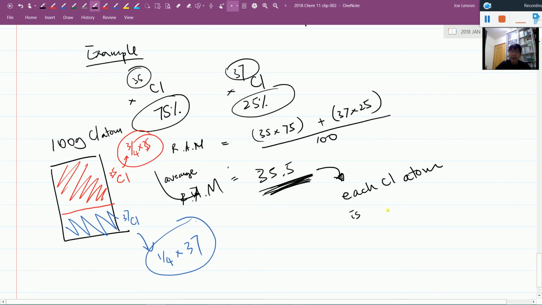The average mass is roughly 35.5. So what would be the unit?